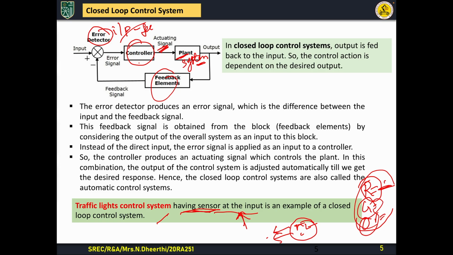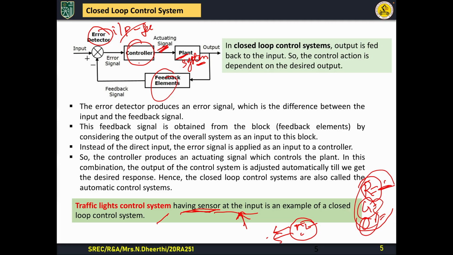So this is one good example of a closed loop control system where you have feedback from your output. In real time you get data from the sensor, that is given to the input, the controlling action is performed and given to the system, and you get the desired output.